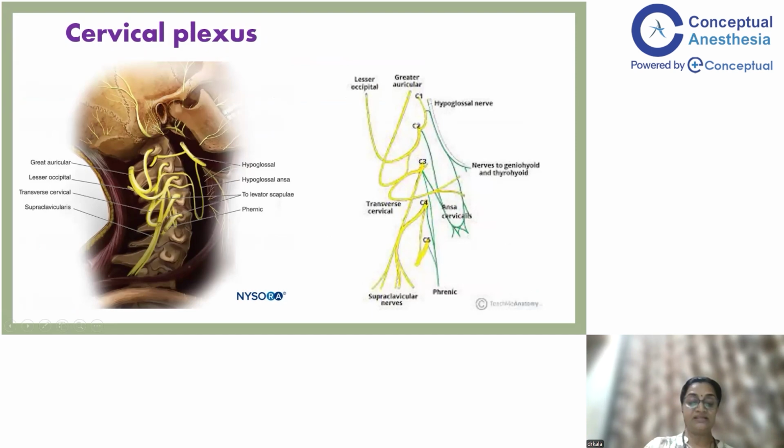The cervical plexus is formed by a conglomeration of cervical nerves from the anterior rami of your spinal nerves, that is C1, 2, 3, and 4, giving both the muscular and the superficial sensory branches, and the anterior ramus of C5 also contributes.